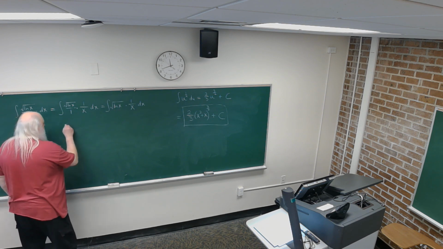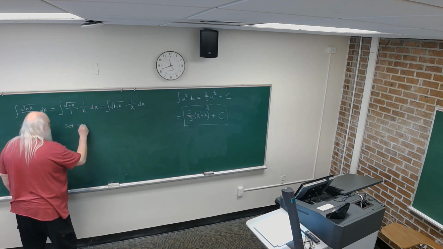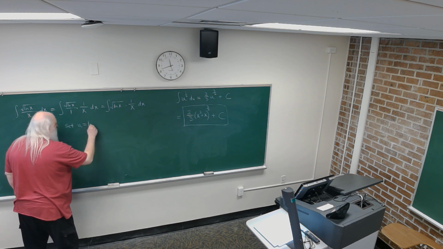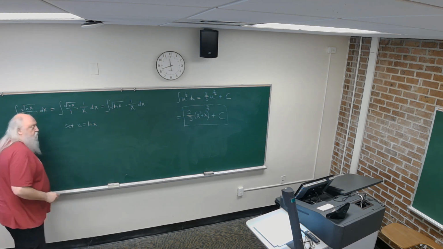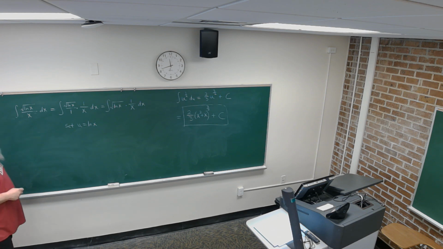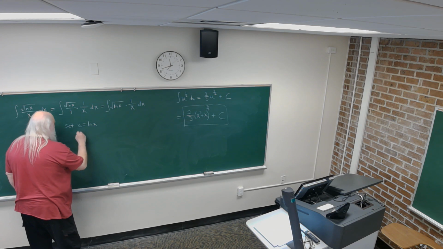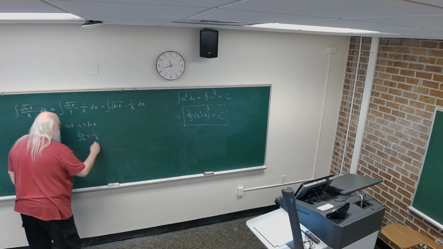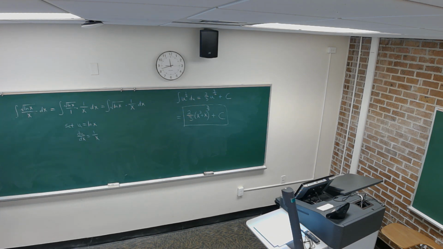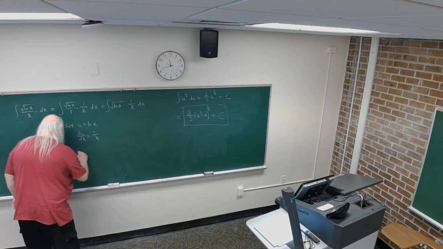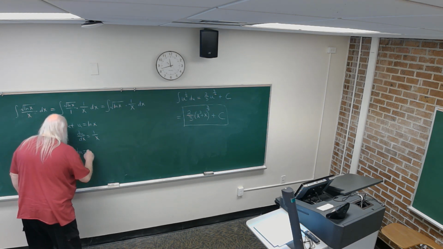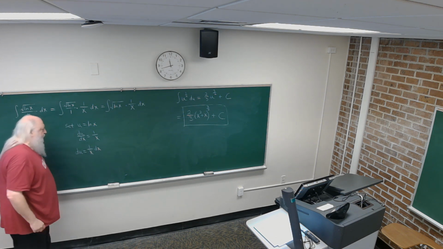So a good candidate for u substitution is to set u equal to what's under the square root. So if u is equal to the natural log of x, then the derivative of u with respect to x is equal to 1 over x. And when we multiply both sides by dx, we get the differential du is equal to 1 over x dx.